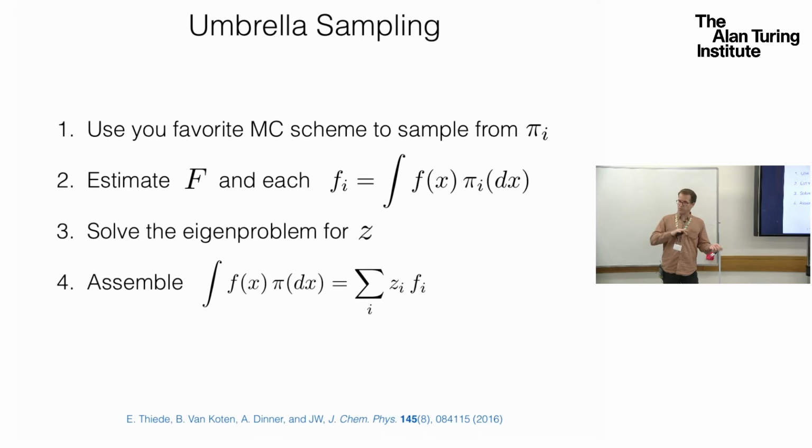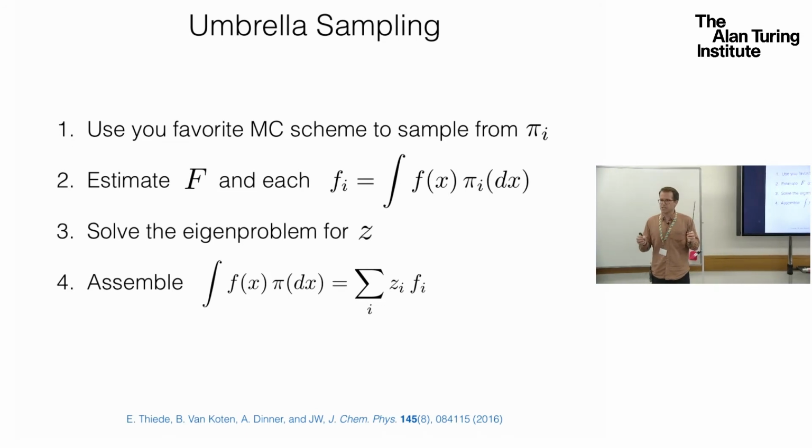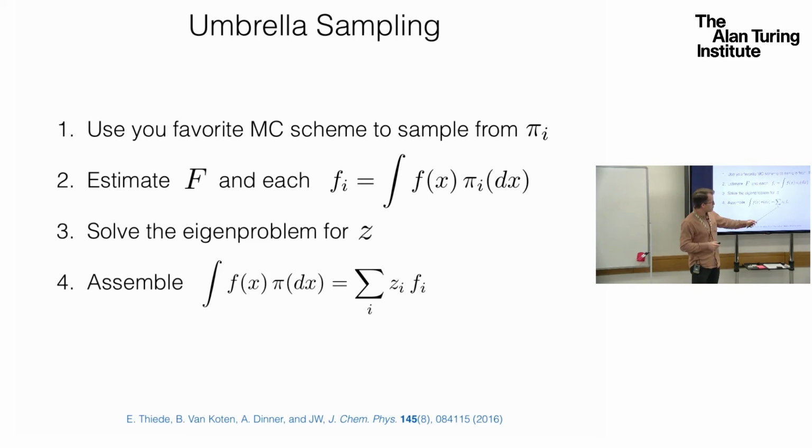Unfortunately, I have to do many, many averages. The good news is that all the averages in here can be used for any objective function, and also the sampling with respect to the pi i can be done in parallel. In fact, typically it's not quite done in parallel, but it's pretty much in parallel. Then you solve the eigenproblem for z, and then you assemble. And that's your estimator.